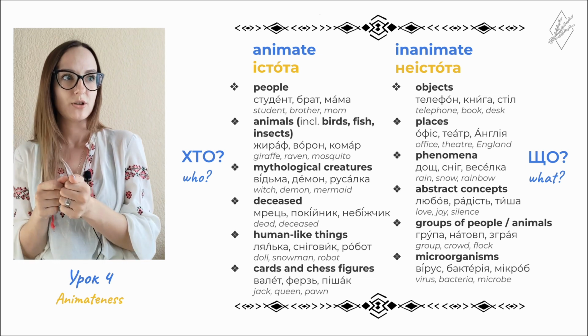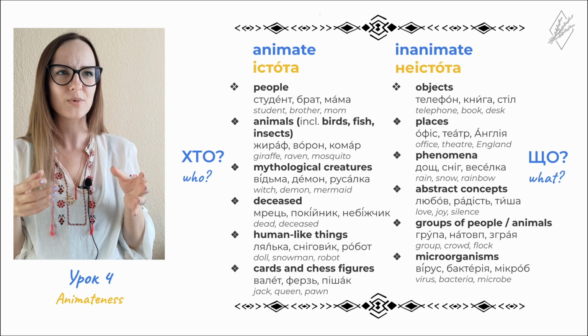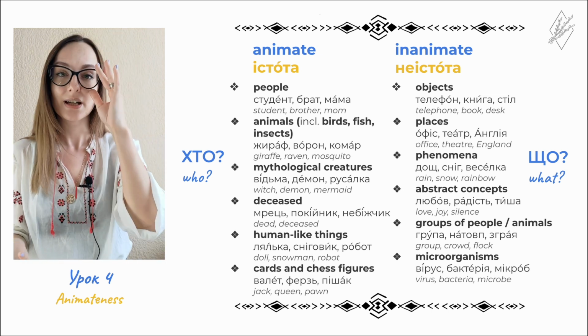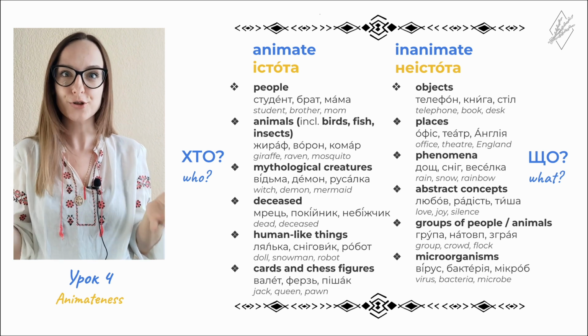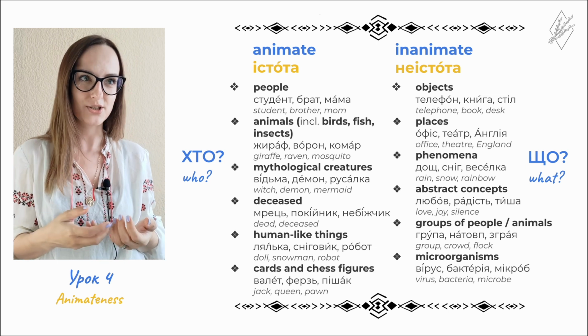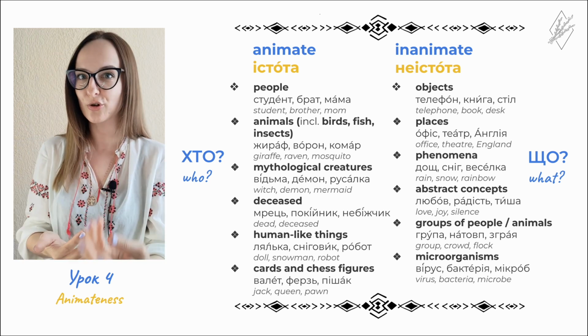And you may ask me, okay, Nika, and why at all do I need to think about it and to know what is animate, what's inanimate? And here, first of all, in order to ask the correct question, to ask who is this or what is this? Хто це? Що це?